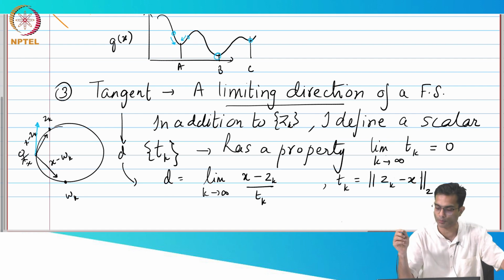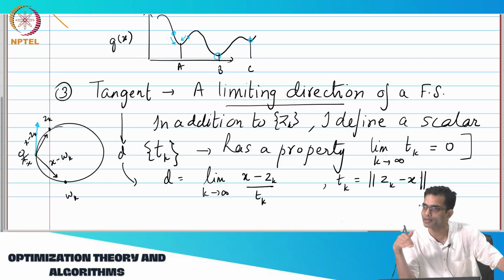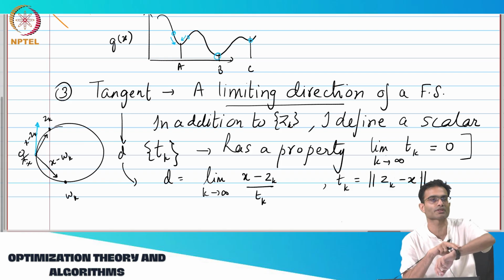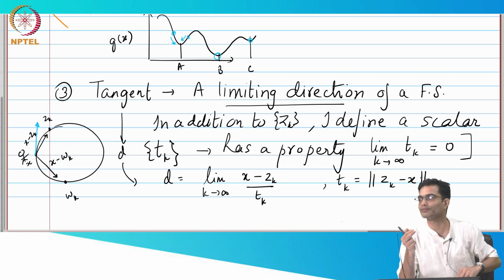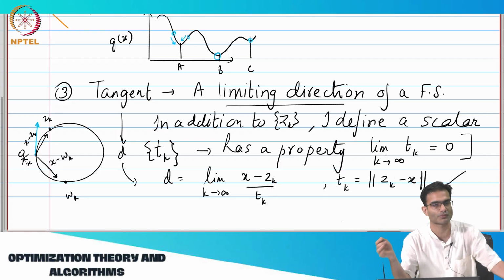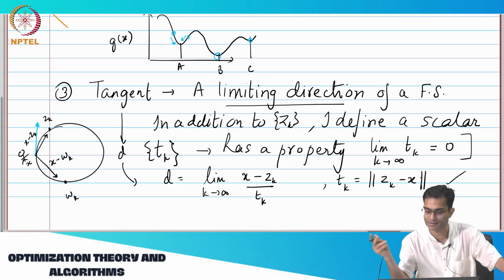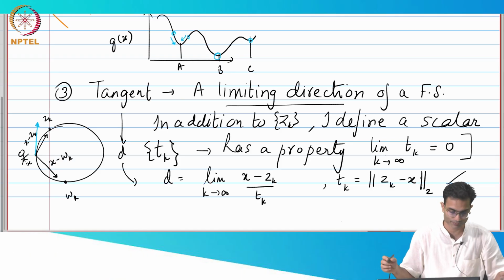Why? The only property it needs to satisfy is that for large k, it tends to 0. So this is actually left to us. You can choose it in a way that makes the math of the problem as straightforward and convenient as possible, and usually you don't have to stray away from this choice. As this length shortens and shortens, this gives me a well-defined direction.